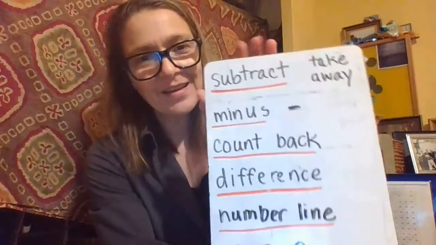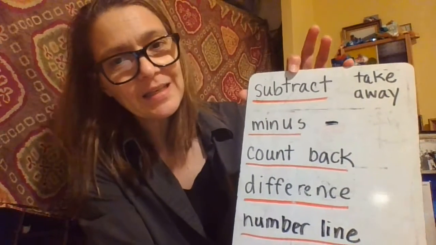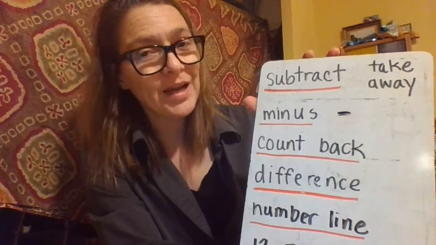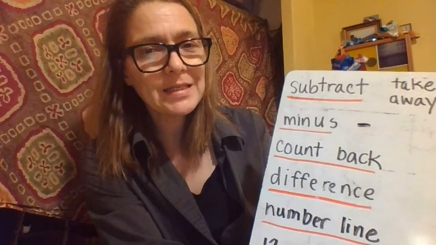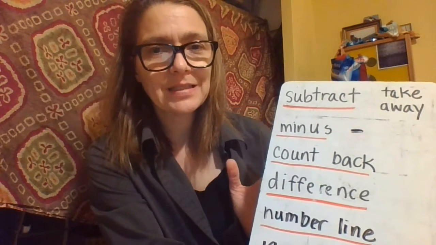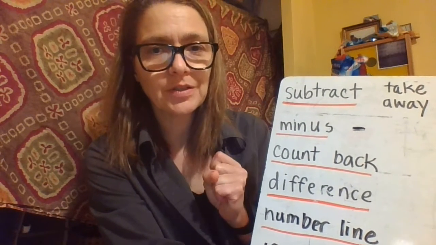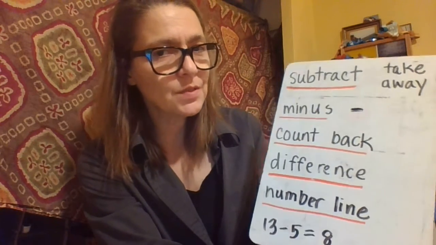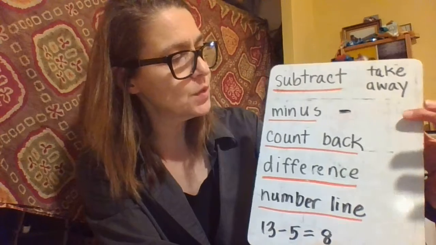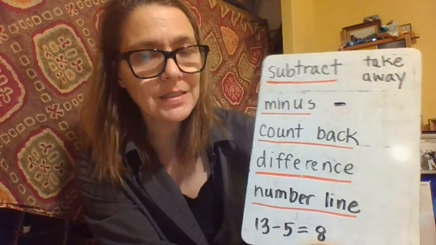I am going to introduce your vocabulary words, and there's a lot of them today, and the main idea of this lesson is subtraction. That means to take away, to make a value less, to make it smaller, to make it fewer. When you write it into an equation, you use the minus symbol, and it looks like this.